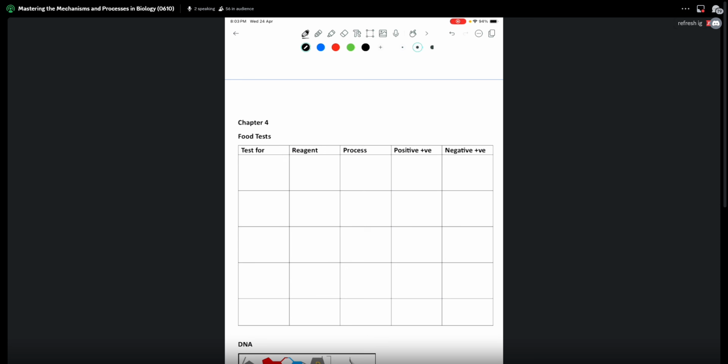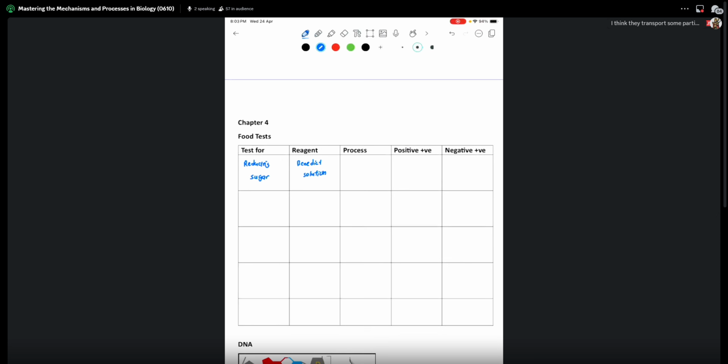All right, so the first thing is we are going to test for reducing sugar. Reducing sugar can be glucose, fructose, all those monosaccharides that can be tested for this. So the reagent that we use is Benedict solution. Benedict solution and Benedict reagent are the same thing.